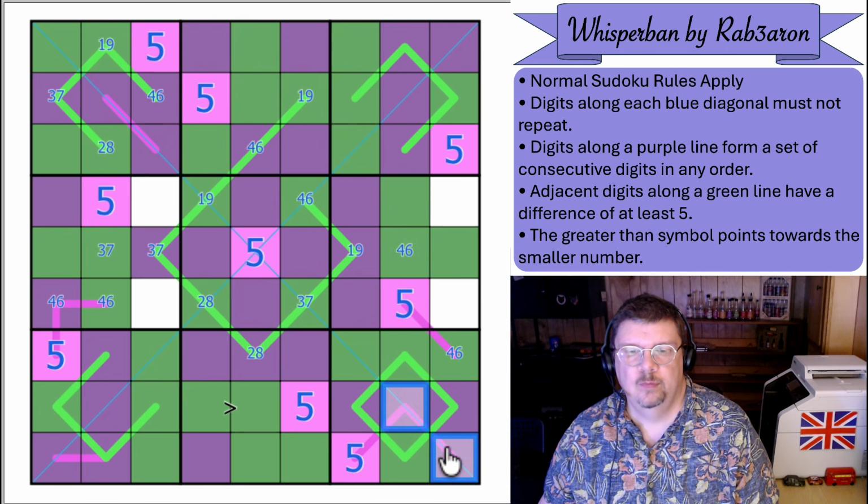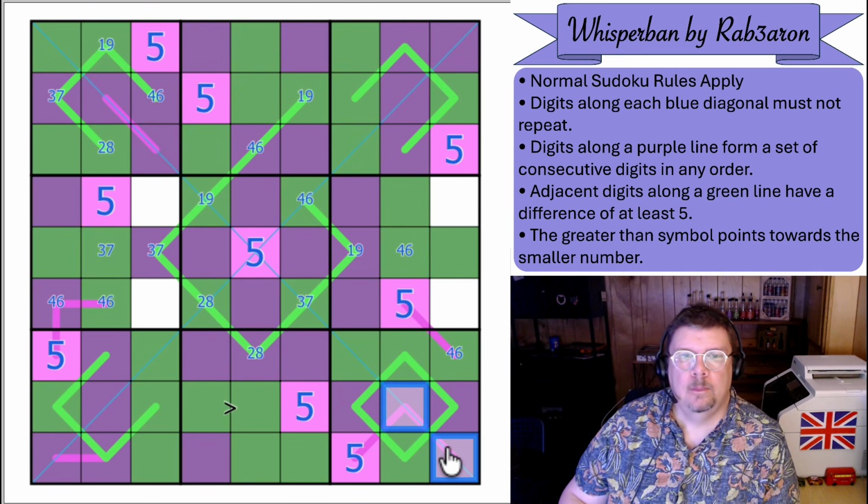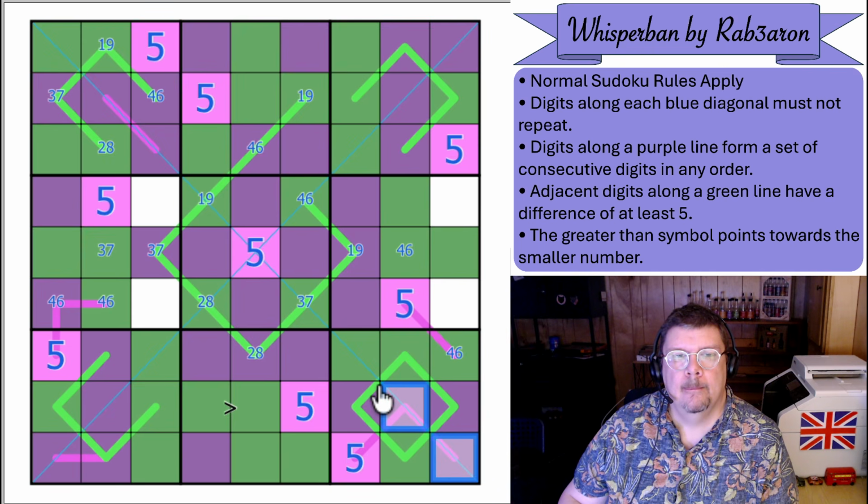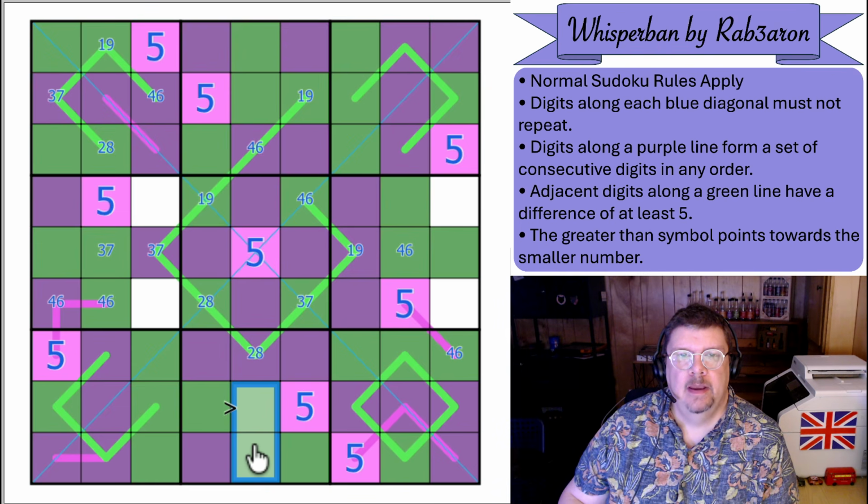We know that the purple 4-6 is in one of those, along with the purple 3-7. Okay. One of those is the green 1-9.